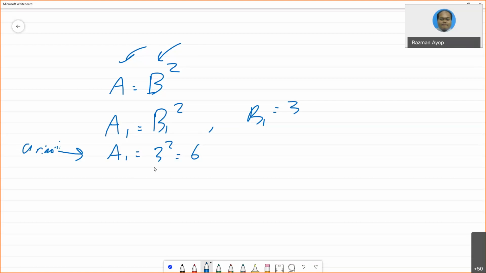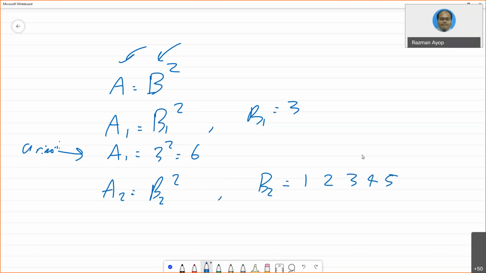Okay, how about you have something like this? A2 equals B2 squared. For example, you have multiple values. So for B2 you have 1, 2, 3, 4, 5. You want to test multiple values at the same time.